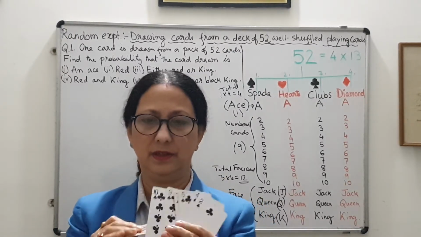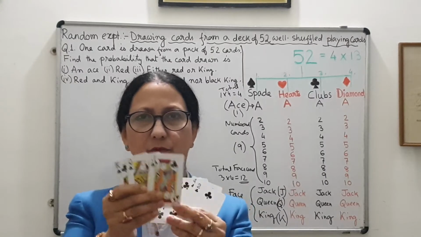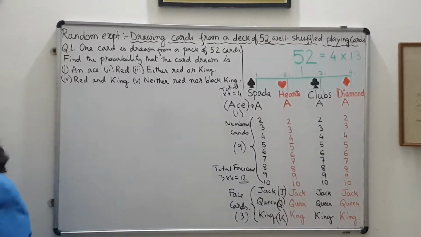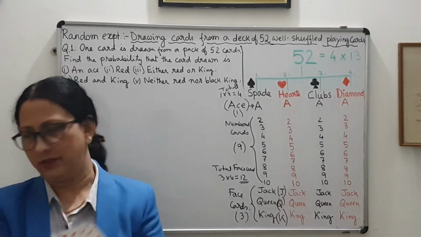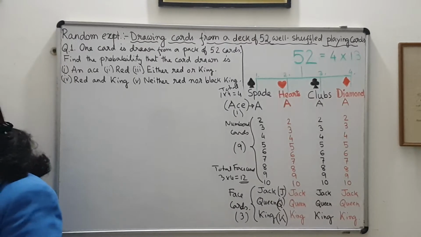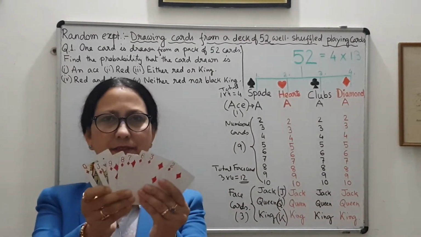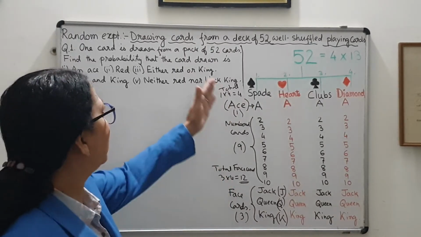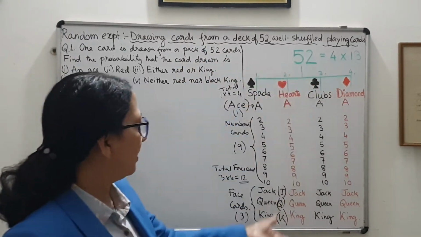Then face cards: Jack, Queen, and King. For all the 4 suits, you will be getting this kind of cards. So I think it is clear how the 52 cards are like this.